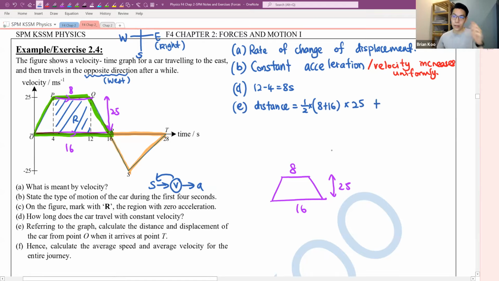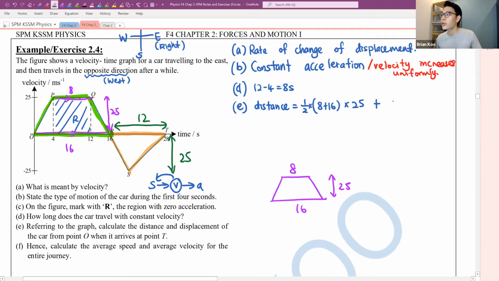Can I do one shot? The orange color part also. Okay, we try. So the base is 16 to 28. Calculator. 28 minus 16. That is 12. Here's 25.